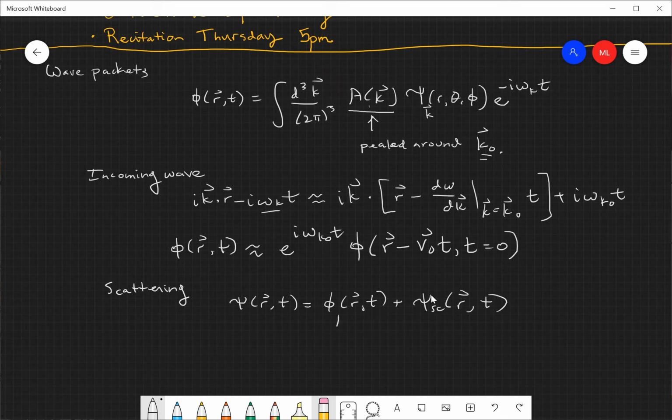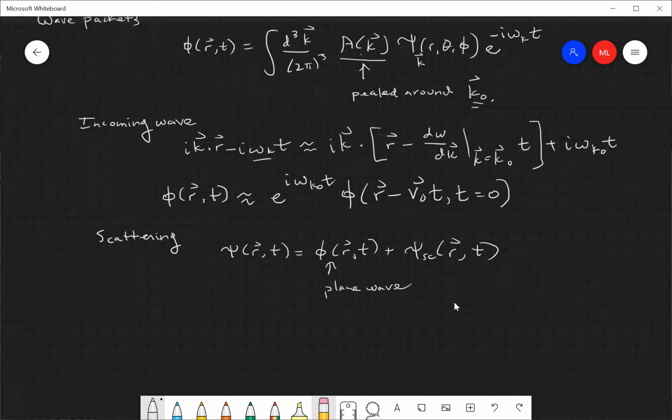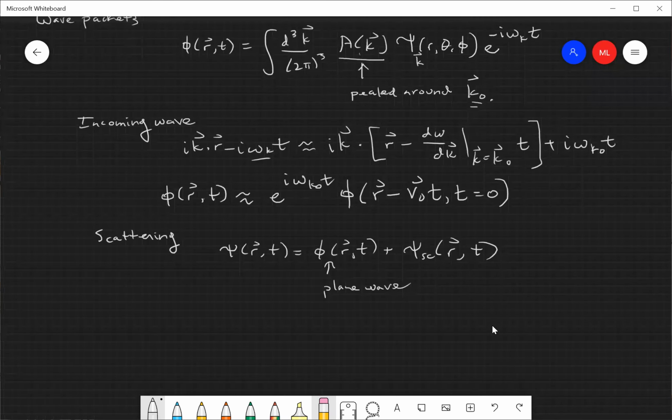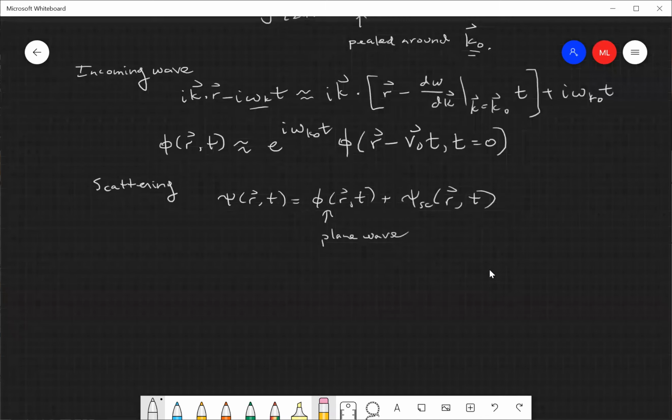So if this is the plane wave portion, then whatever is left over must be due to the part of the stationary solution that corresponds to the scattered wave.